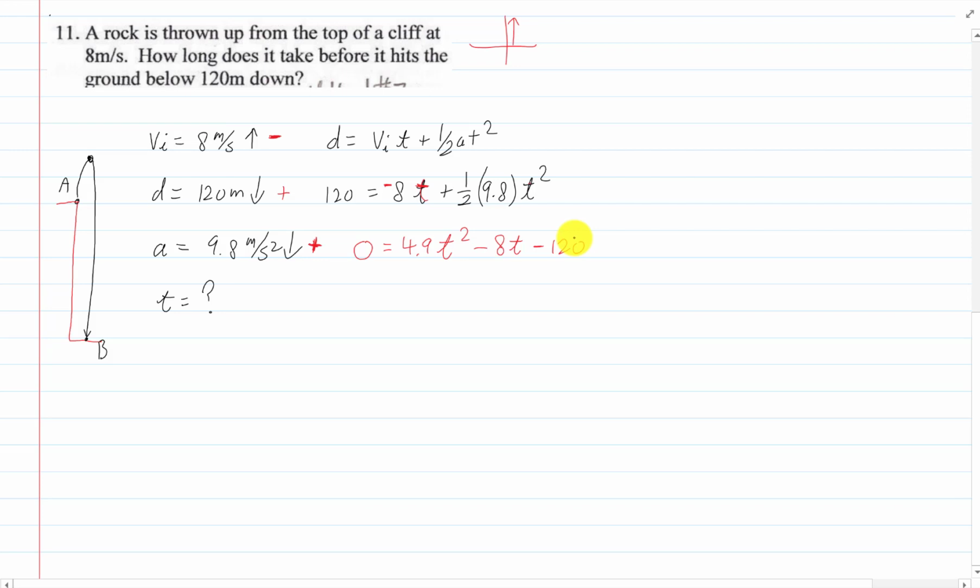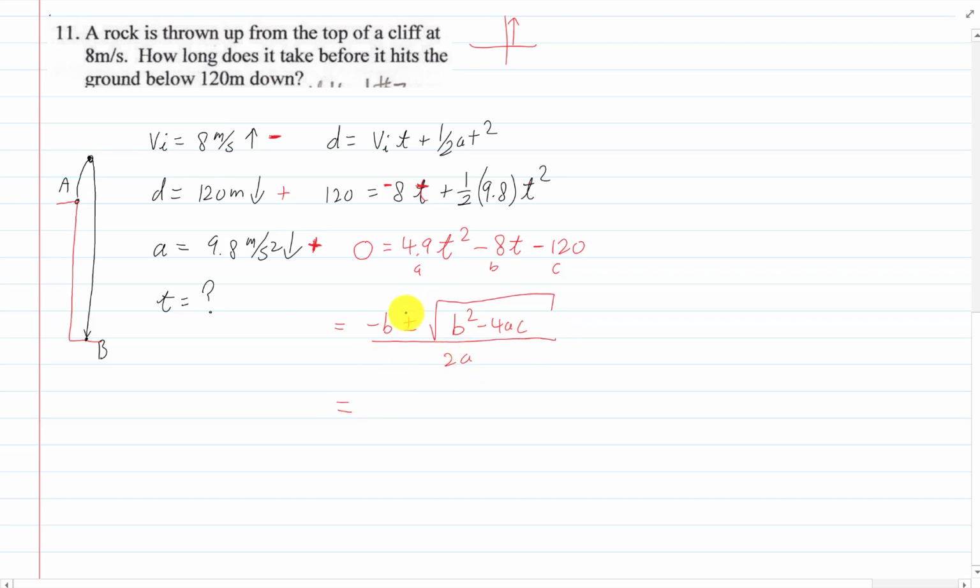The term of 4.9 in the front is our A term, the negative 8 is our B term, and our C term is negative 120. So the formula is negative B plus or minus the square root of B squared minus 4AC all over 2A.